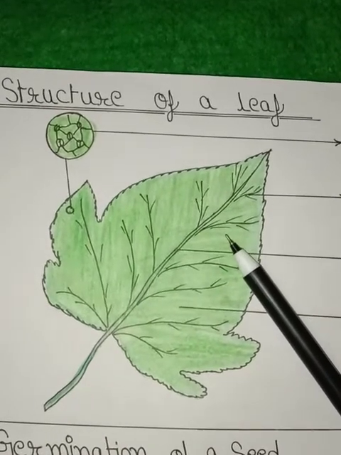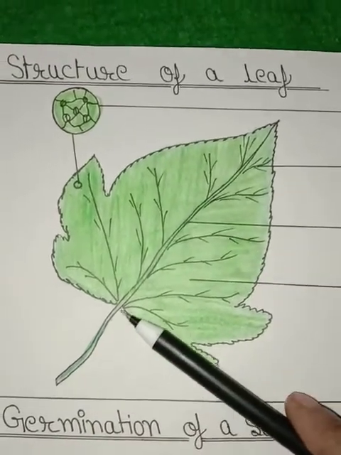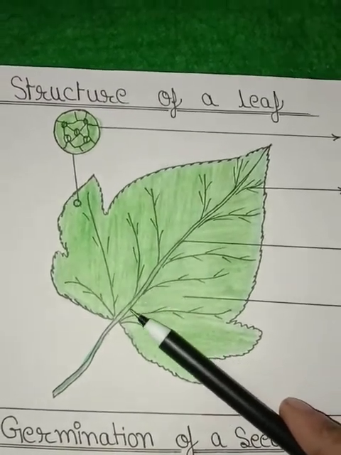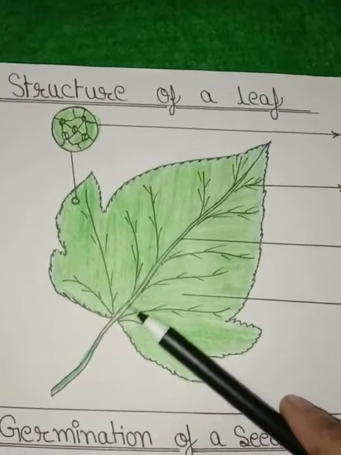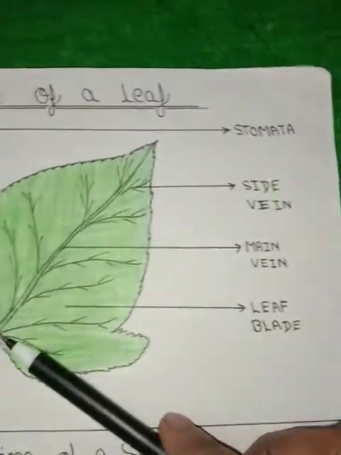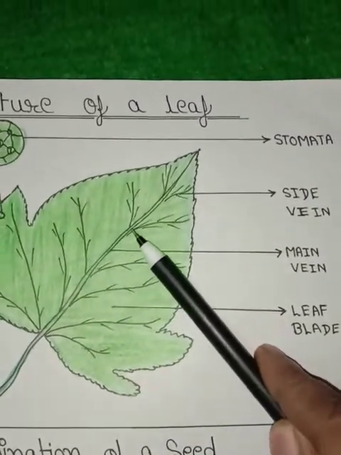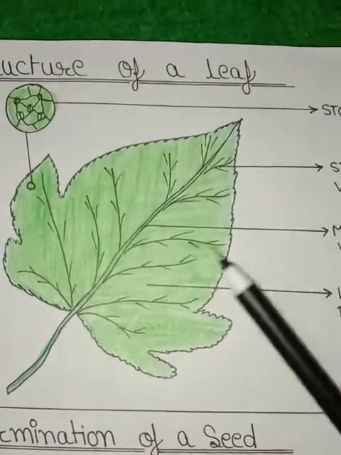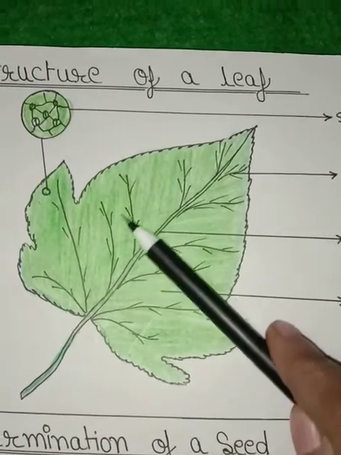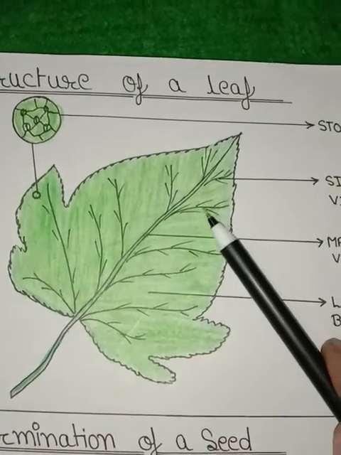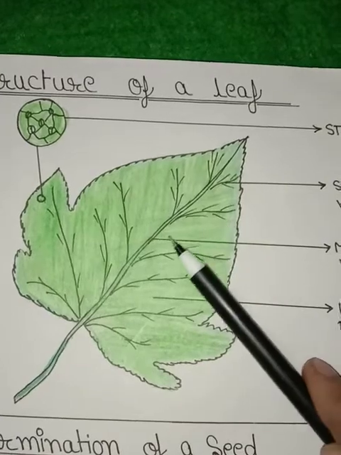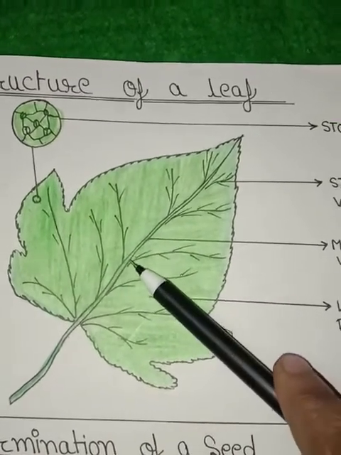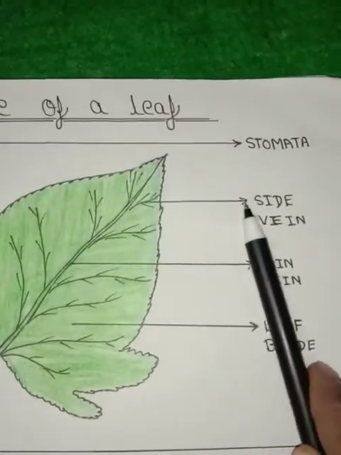A thin tube running through the middle of the leaf is called the main vein. Okay. Now clear? Many small veins arising from the main vein are called the side veins.